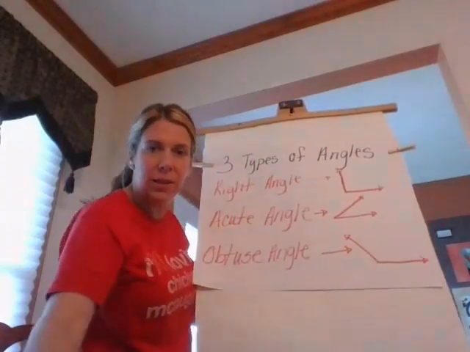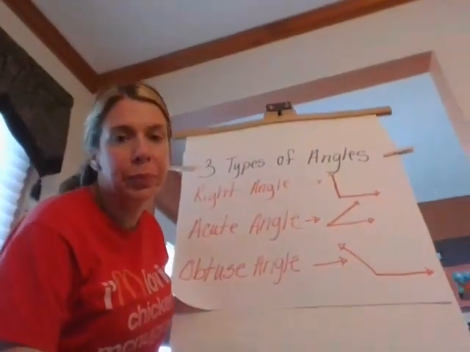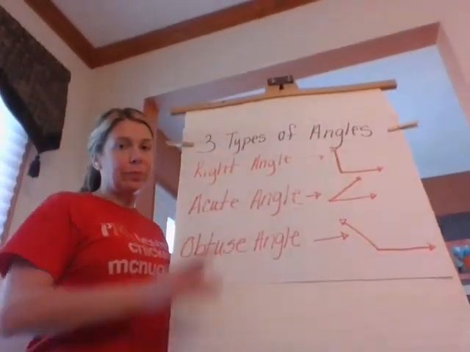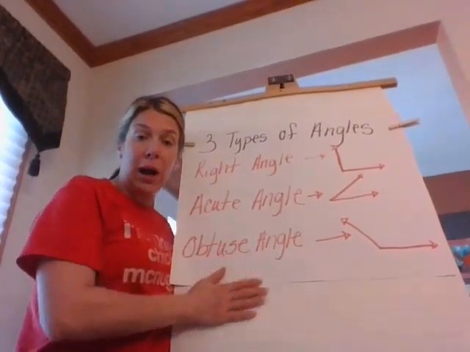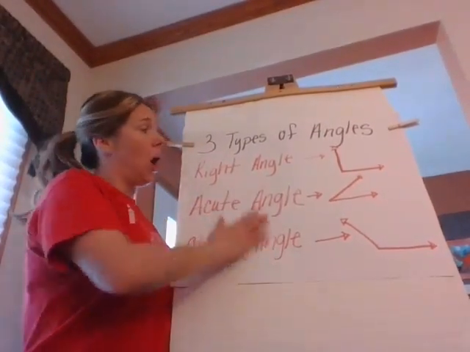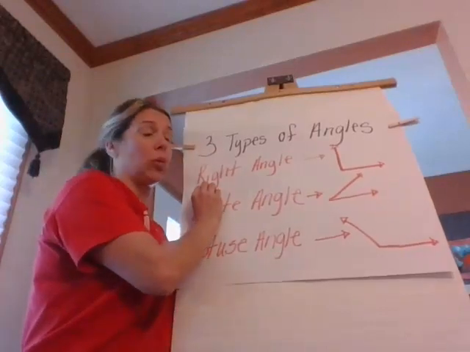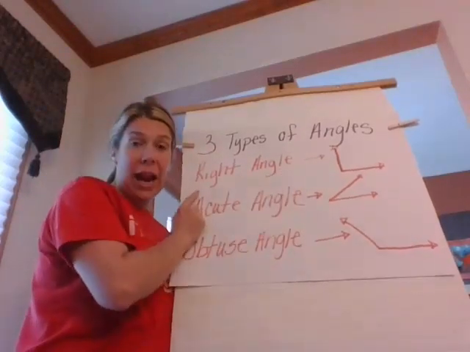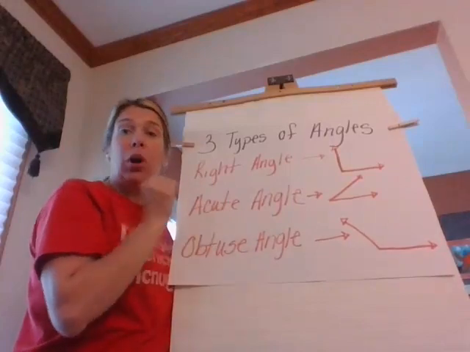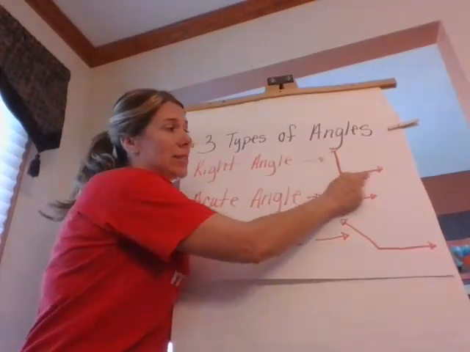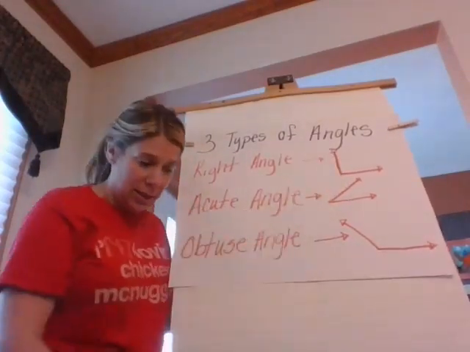Let's see if you can see this. Okay. And shapes are made out of three types of angles. Our first one we're going to talk about is a right angle. And a right angle looks like a perfect L. It is 90 degrees. All right.